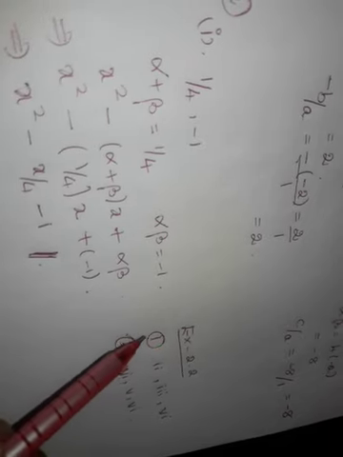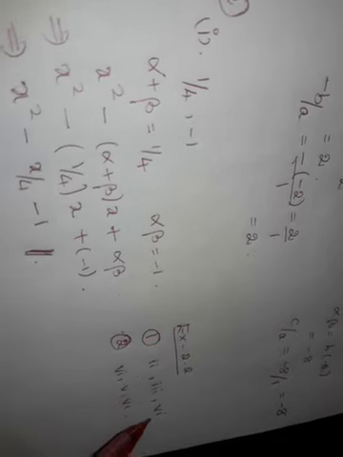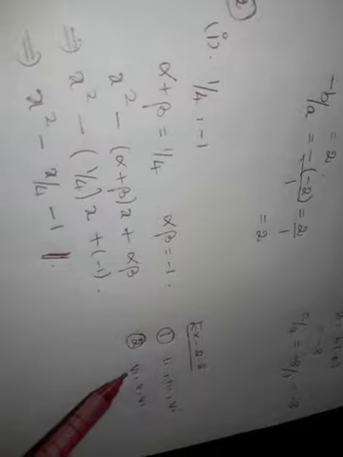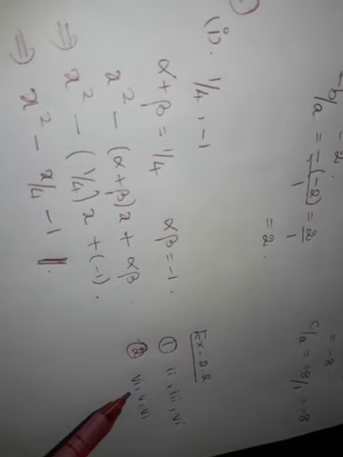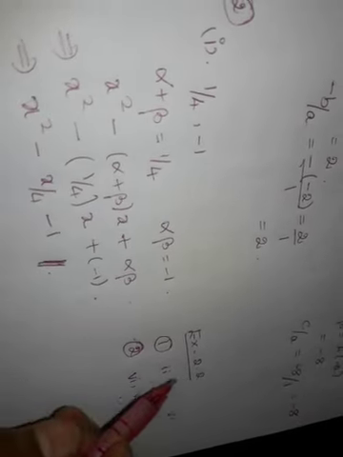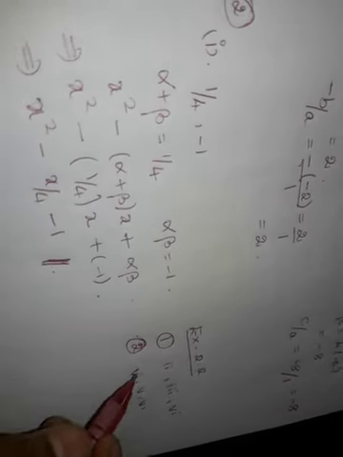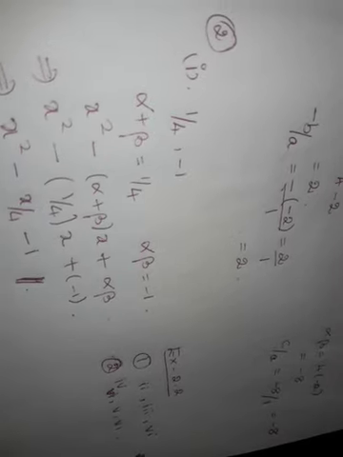I repeat, exercise 2.2, first question 2, 3 and 6, second question 4, 5 and 6. I have written it wrongly. Solve these problems, and if you have any doubt, contact me. We will see the remaining problems in the next class.